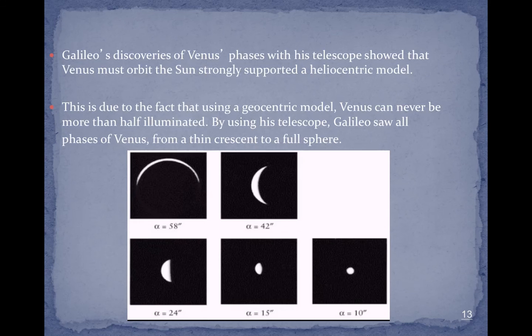Venus basically must orbit the Sun if it goes through phases. This is due to the fact that Venus can never be more than half illuminated, and Galileo saw all the phases of Venus from a thin crescent to a full sphere with his telescope, which gave us the evidence to know that Venus was also revolving around the Sun, because we could see the different amounts of the lit surface.